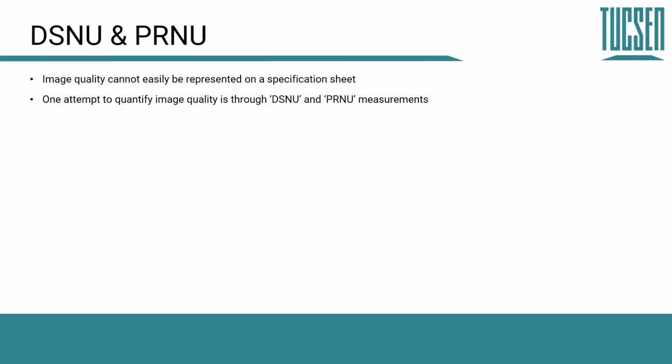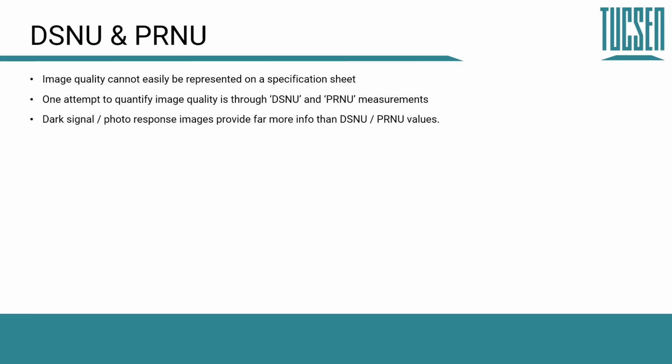One specific measure of image quality that's sometimes offered by camera manufacturers is DSNU and PRNU. This is one attempted solution to the problem of representing image quality on a specification sheet for a camera with simple numeric values. Unfortunately, it's not particularly effective, but this is one attempt to do it.